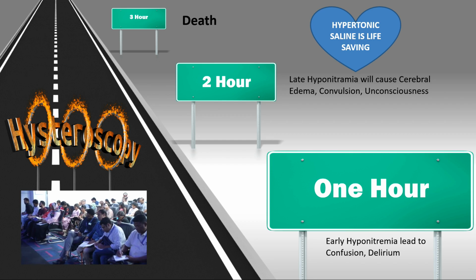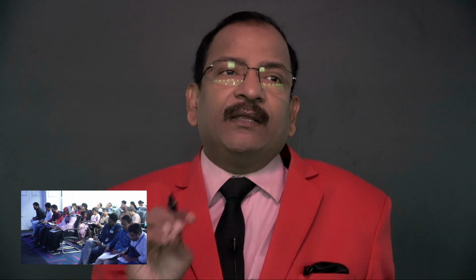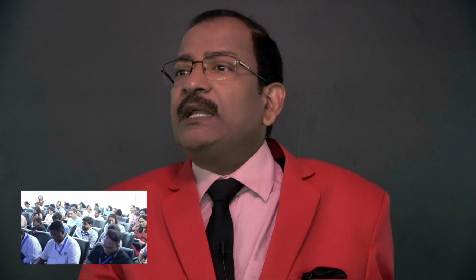So as soon as the first sign of hyponatremia starts, immediately check the electrolytes, better an ABG, arterial blood gas analysis. If you see that the sodium concentration has decreased, immediately start sodium.